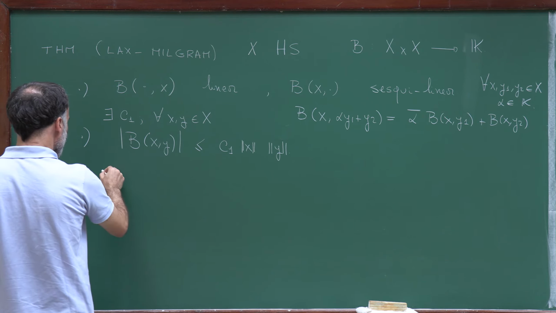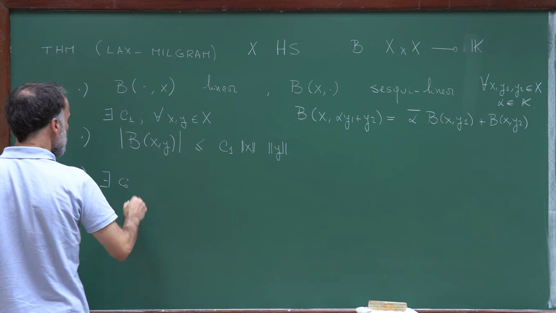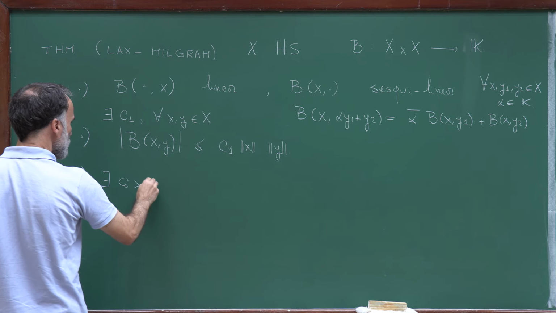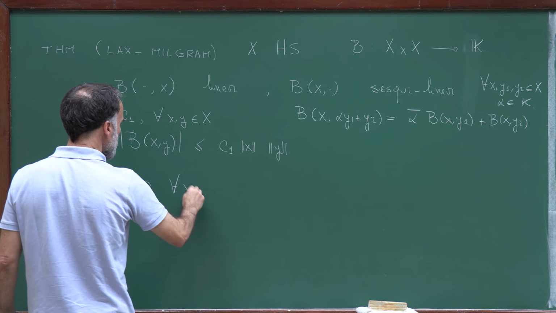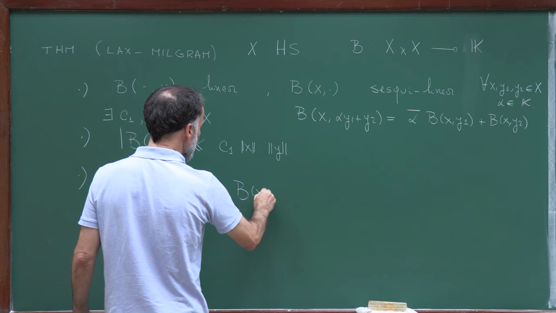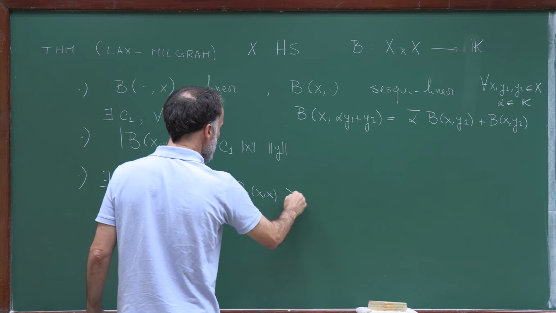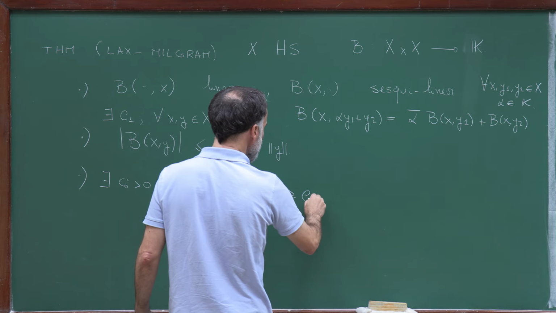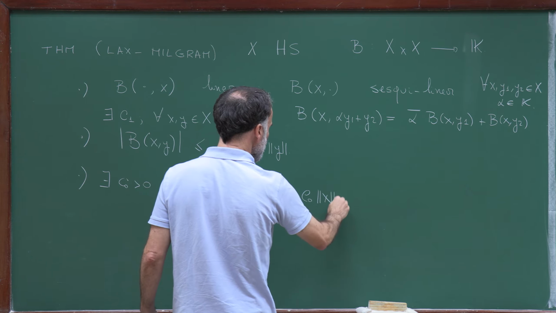And finally, there exists a second constant, which I will call C0, which is strictly positive, such that for all x in X, B of x, x is bounded below by C0 times the norm of x squared.